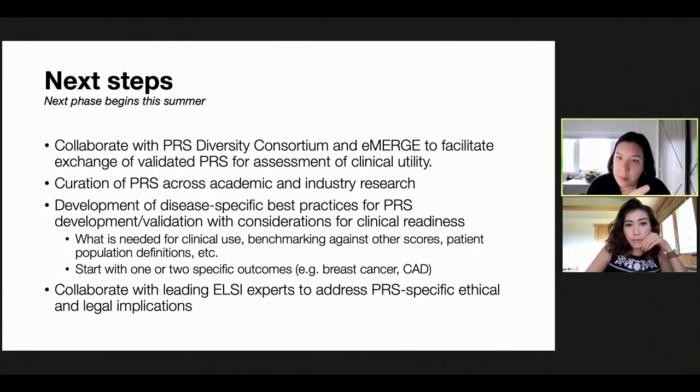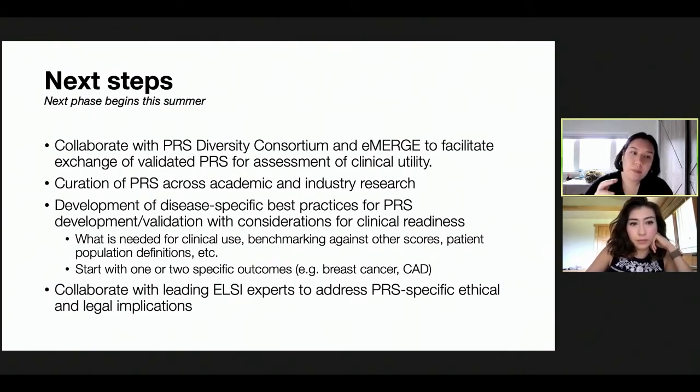And so they'll develop the scores. And so we're going to be working with them to bridge to say, okay, what does eMERGE need to evaluate the scores and go between those two worlds? And so that includes, what is the assessment of clinical utility? And especially, I think it's important to note that this is disease specific.